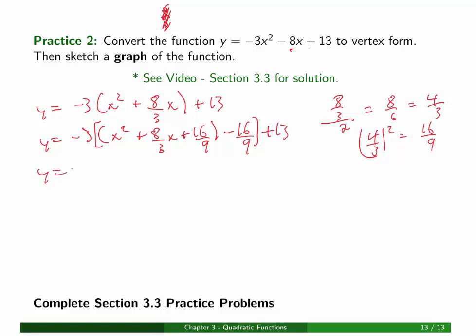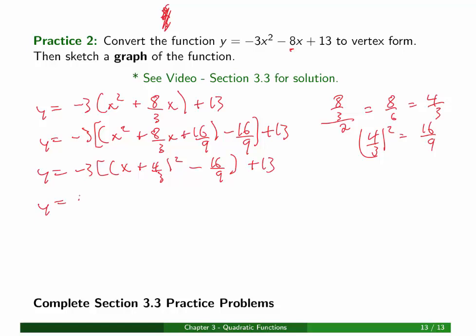And you keep going just like before. So don't worry about those fractions. They'll take care of themselves. The square root of 16 is 4. Square root of 9 is 3. So you're going to have x, and everything's positive, plus 4 over 3 squared minus 16 over 9 plus 13.